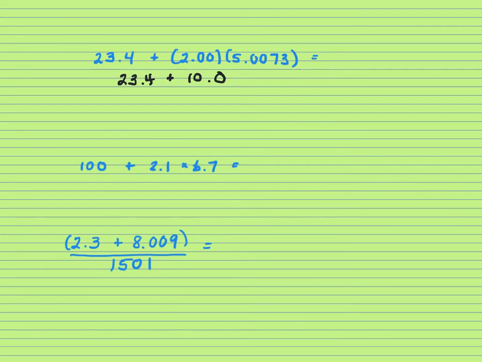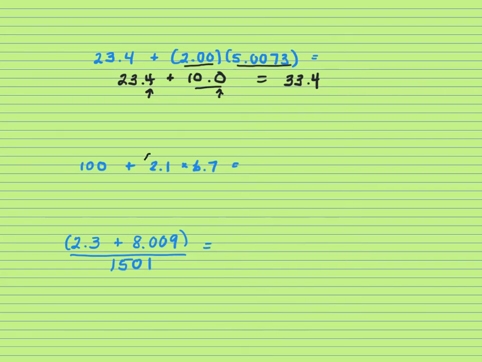I'm multiplying, so I'm going to look at sig figs. There's 3 here, more than 3 here, so my answer has 3. Now when I add these, I look at digits after the decimal. They both have 1, so my answer becomes 33.4. So you'll see that I applied both rules one at a time.